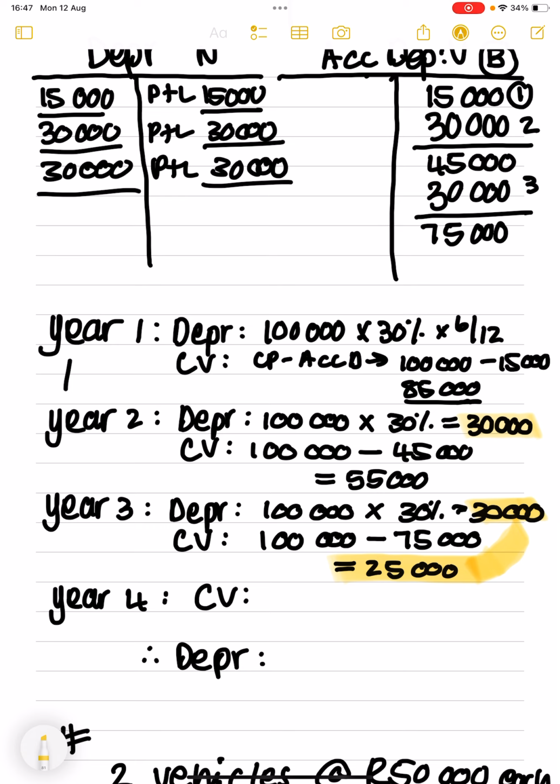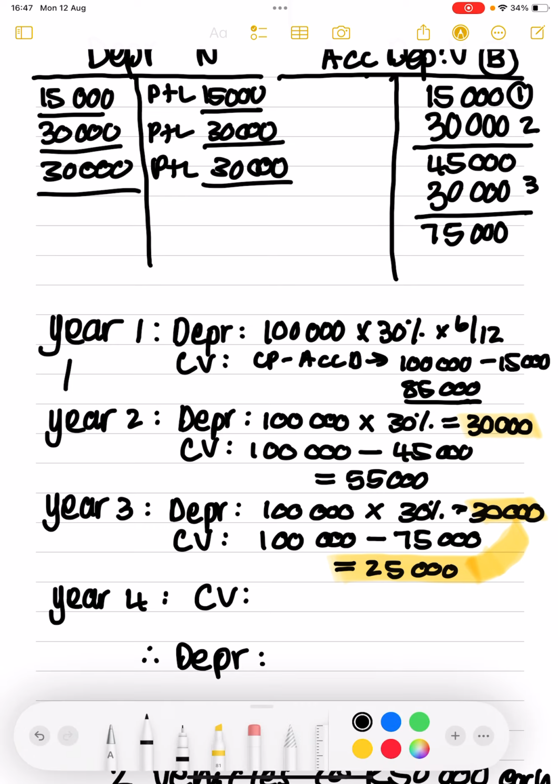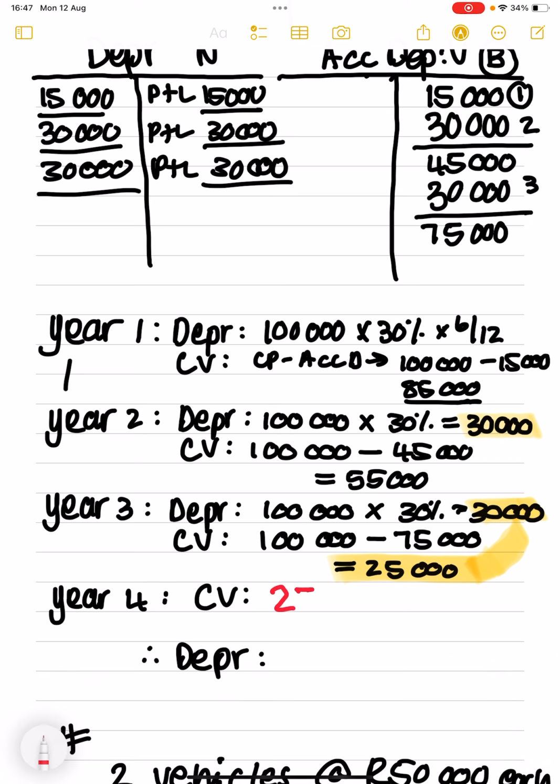So my carrying value at the end of the last year is the first thing that I calculate. Because the carrying value is 25,000 Rand, I cannot depreciate it with the 30%, which will amount to 30,000 Rand as usual.